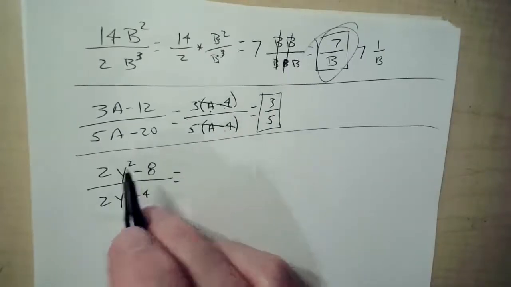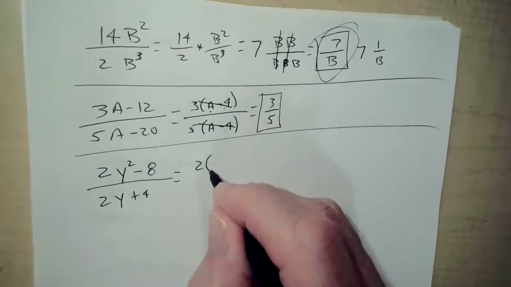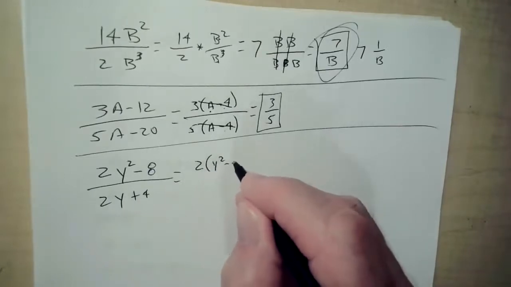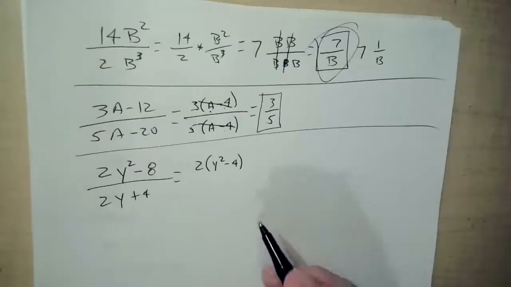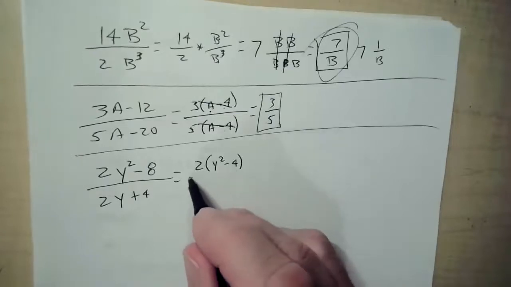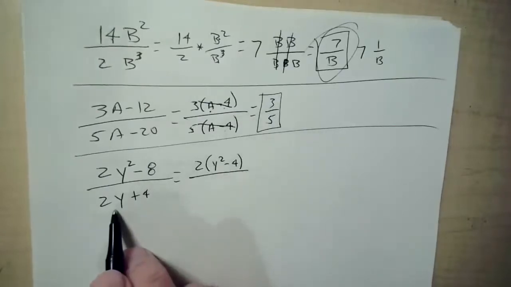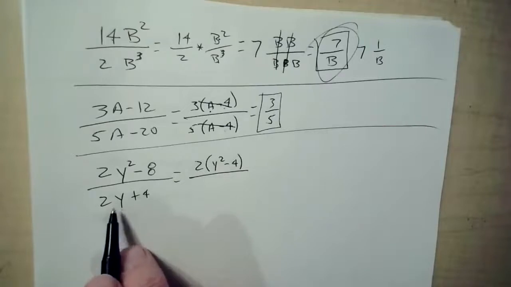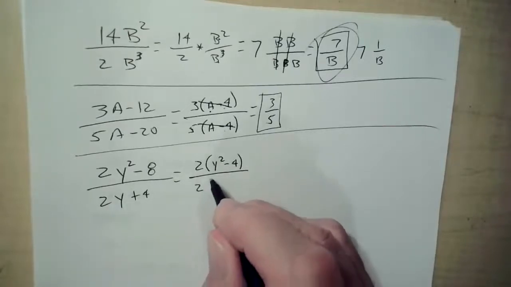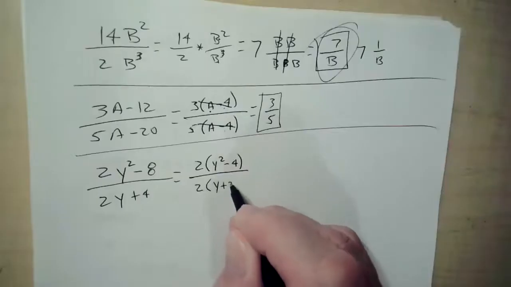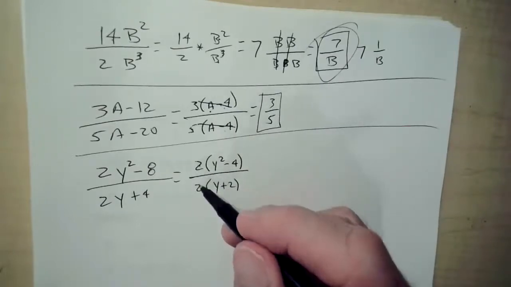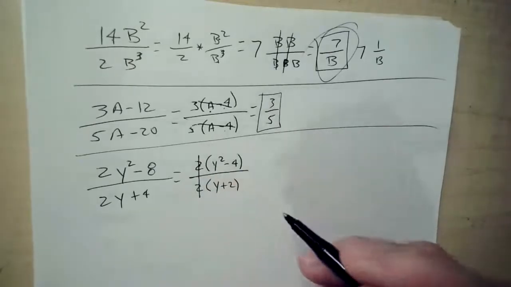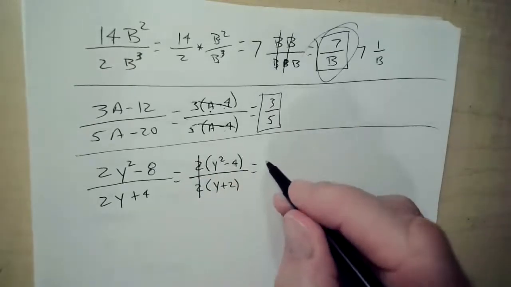Oh, that's good. Okay. Let's factor the numerator. What can we factor out of this? 2y squared minus 4. What jumps out at you there? It's a conjugate, right? Y squared minus 4 is a conjugate. And what can we factor out of the denominator? Again, a 2. Open y plus 2. Now we need to factor this conjugate here.